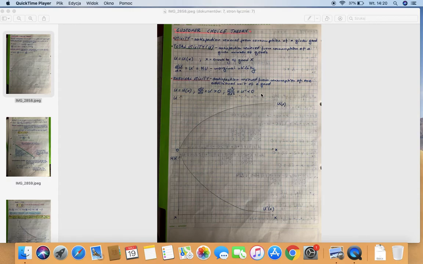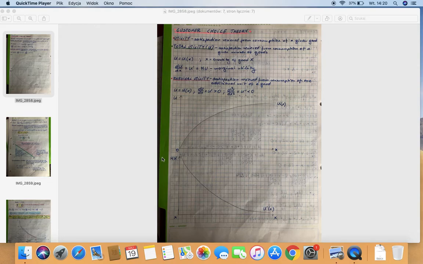What does it mean? Well, let's just say that you're very hungry and you see in front of yourself a plate of sandwiches. Now, when you're eating, each additional sandwich you eat will bring you some additional pleasure, additional satisfaction, additional happiness, right? So your total utility will be increasing, right?